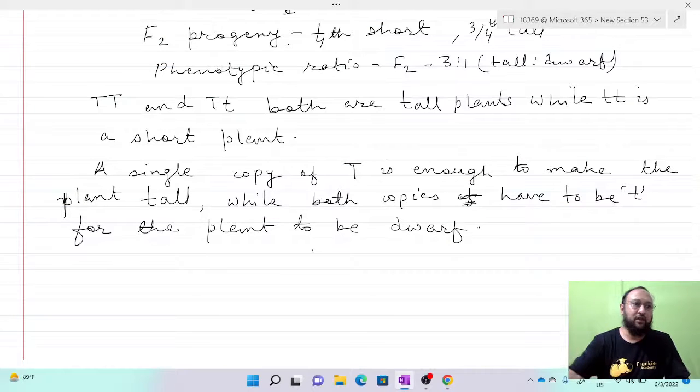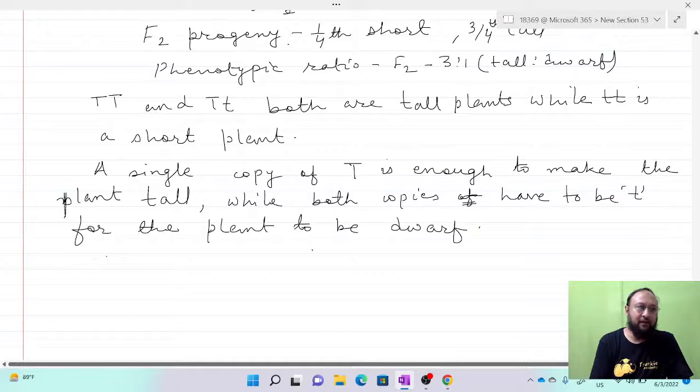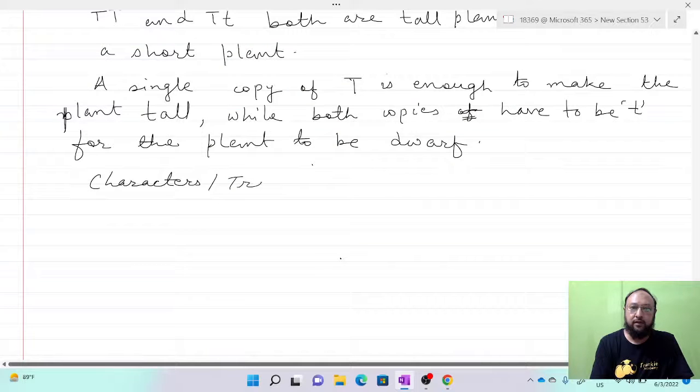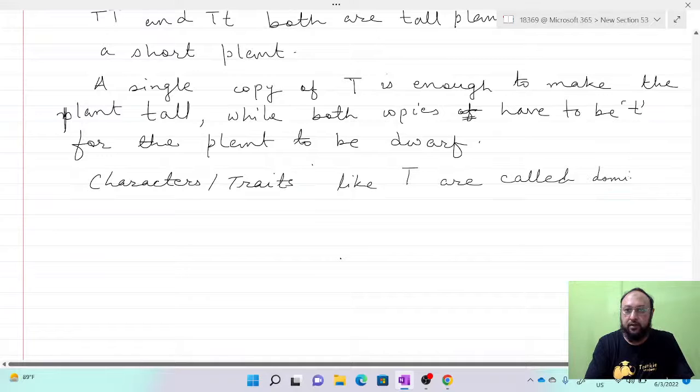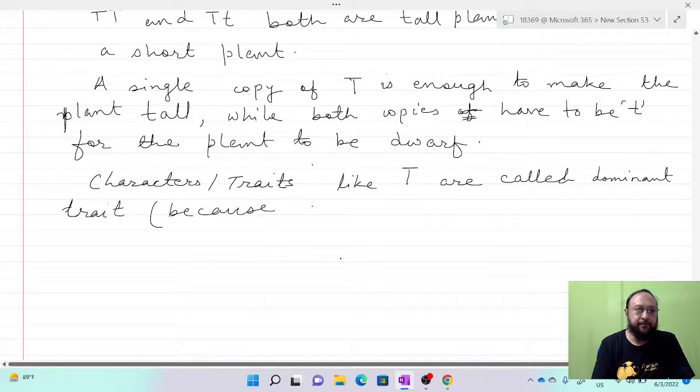Okay, so this was the history. Now another conclusion: characters or traits like capital T are called dominant traits, because it expresses itself and dominates the other, and will not allow the recessive one to be expressed.